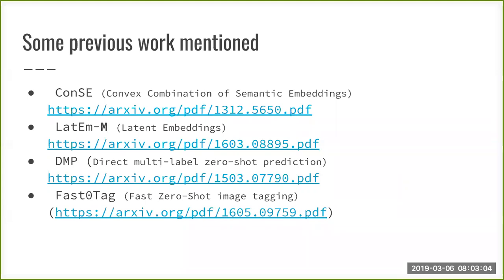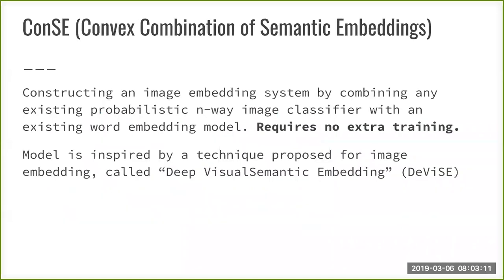So let's briefly go over the ones that I mentioned. The first one is convex combination of semantic embeddings. It's actually a really simple approach. It requires completely no extra training. You basically get the pre-trained network that is used for classification.